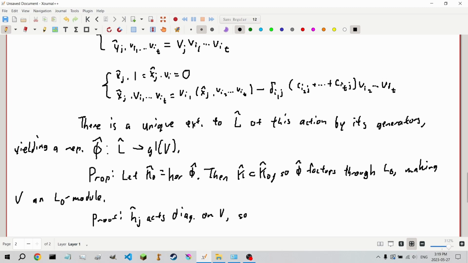So the representations of h_i and h_j are going to commute.